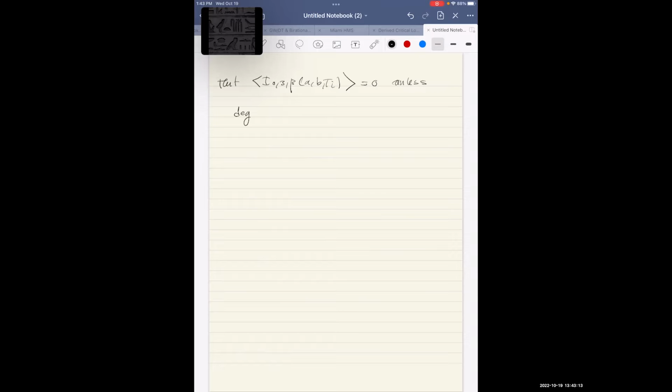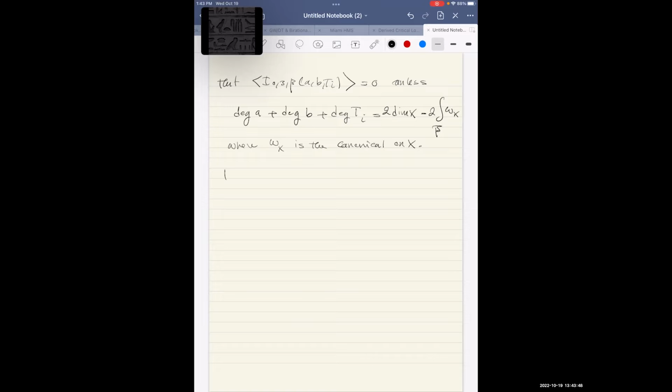You remember it. So degree of A plus degree of B plus degree of T_i's is equal to 2 times dimension of X minus 2 times the integral of the canonical class of X against beta. Now, these are genus 0 ones, where omega X is the canonical class on X.